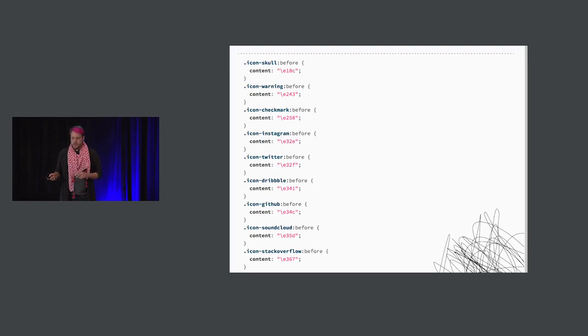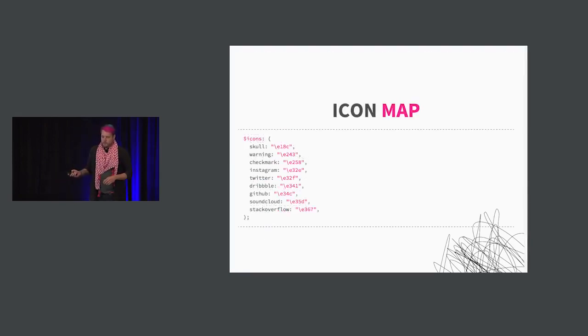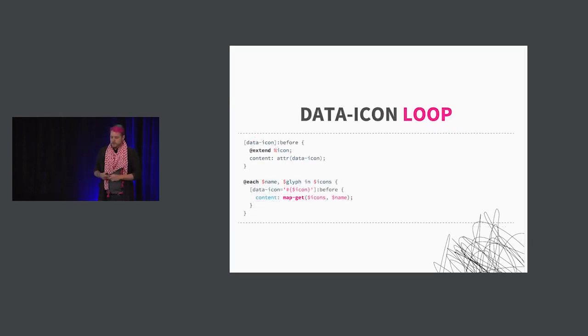It's not very easy to maintain, if you want to change a name, if you want to find something in the list, if you want to add to it. So I cleaned that up into a map where we just have the name of the icon and then the glyph that we're pointing to. If you've used font icons, this is how you access them. So then we can just run through a loop.